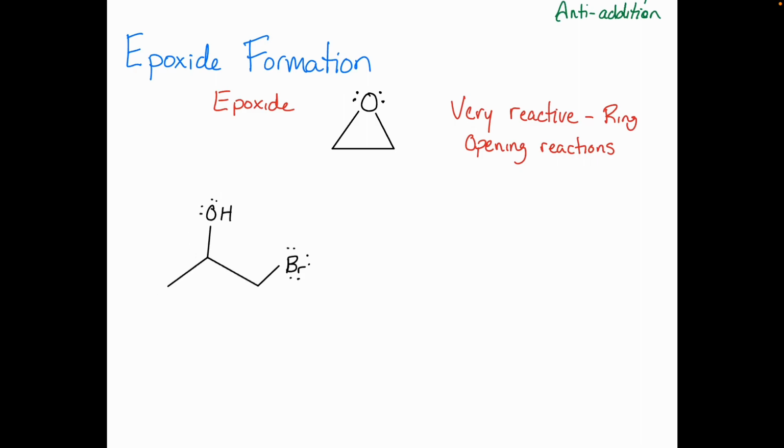And so if we treat our halohydrin product from the previous reaction with a strong base, we will get one of these epoxides.